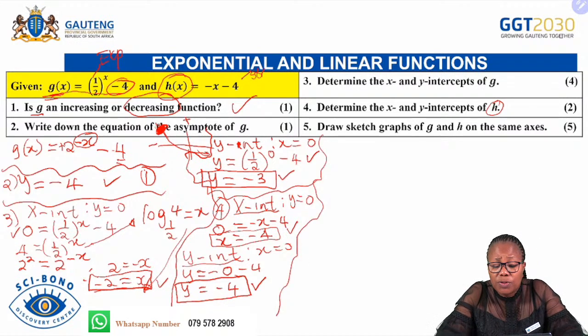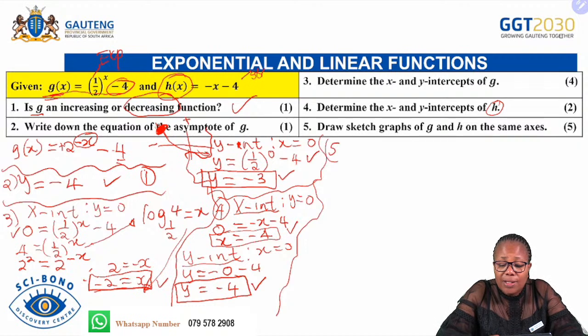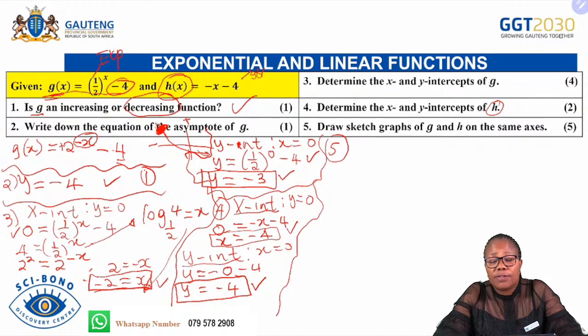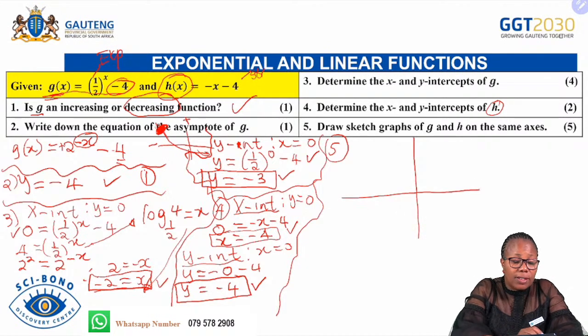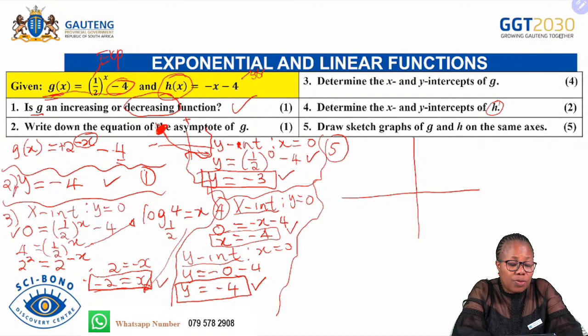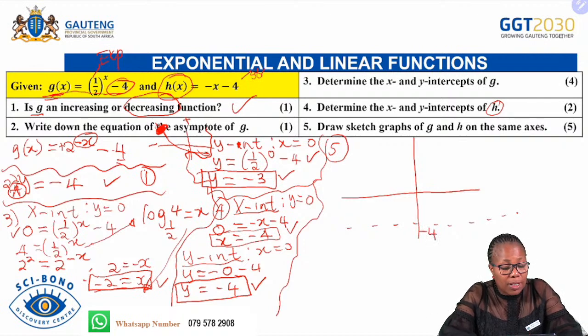And then now we come to number 5, where we are sketching those two graphs on the same set of axes. Remember you have an asymptote there for the g function, which is y equal to minus 4. So we are going to start by drawing that asymptote at minus 4.